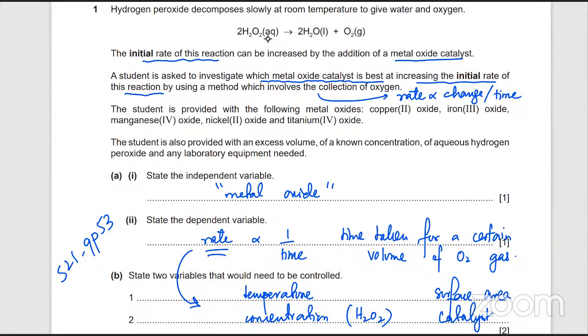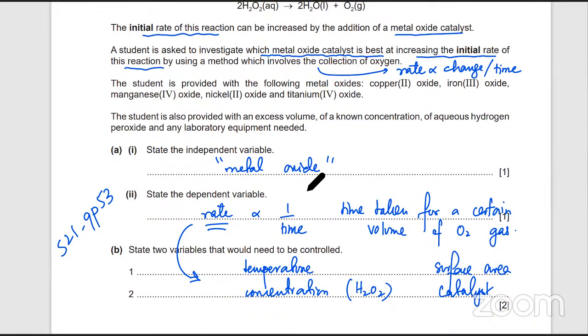All metal oxides that are going to be added as catalyst have to have the same shape and size. Concentration is done, temperature, and the catalyst is itself the independent variable. So these are the 3 factors that probably need to be controlled.